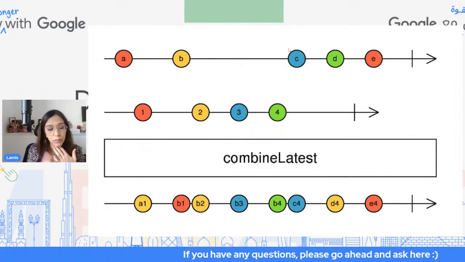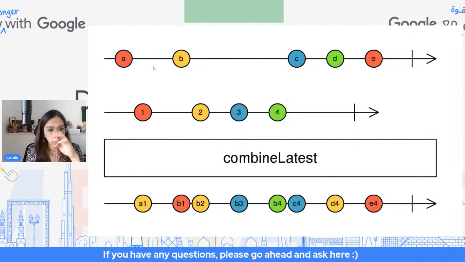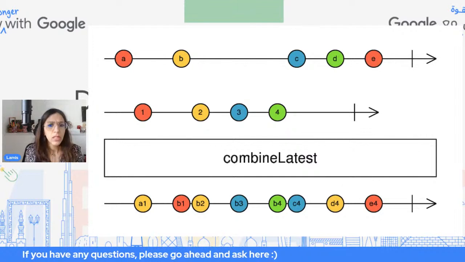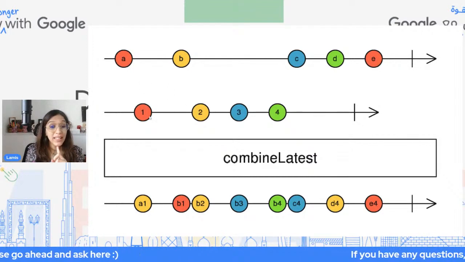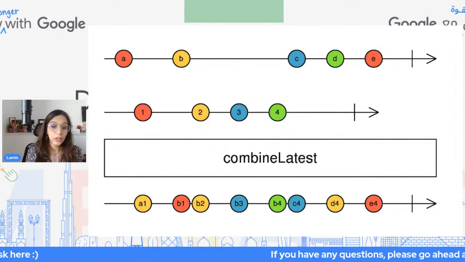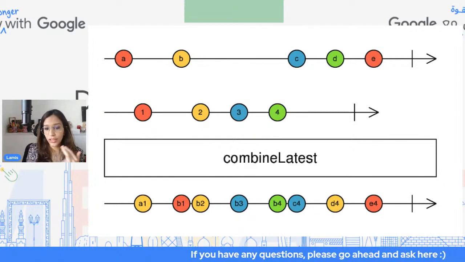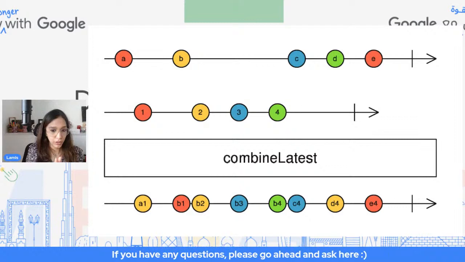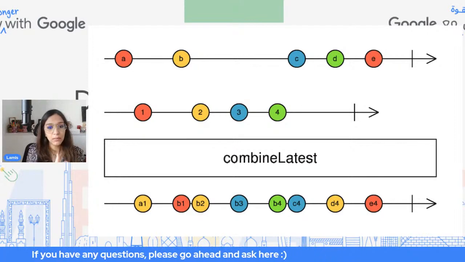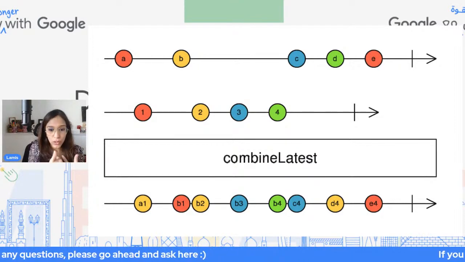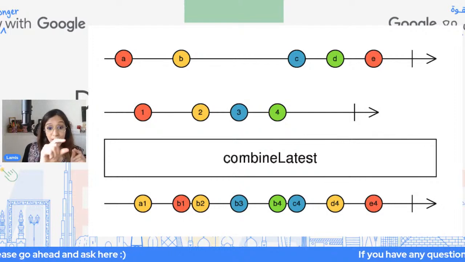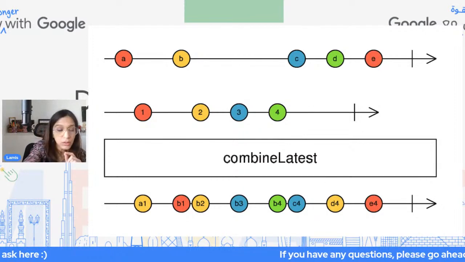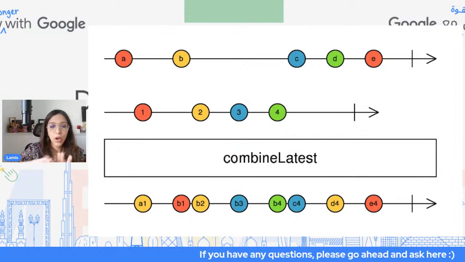So let's learn by example. Here we have two observables, the first one and the second one, and combineLatest will emit values. It will not emit only one time like forkJoin. Every time one of the observables provided in the list emits a value, combineLatest will emit automatically.